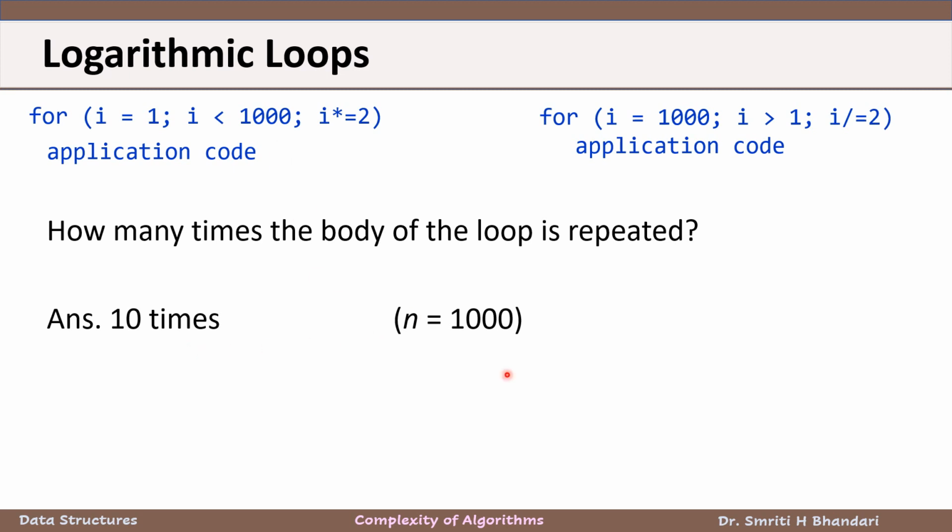Here n is 1000, and the execution of this code would be 10 times. So what is the relation between n and the number of times the code gets executed? This is given as f of n equal to order of log of n to the base 2. So for logarithmic loops like this, the complexity of the algorithm with big O notation is order of log of n to the base 2.